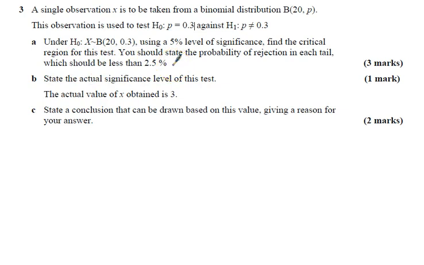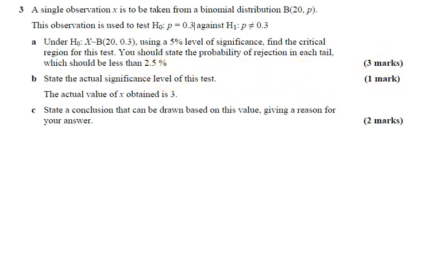So this is doing it differently, which is annoying because it's from the same publishers. But this time they are saying we're going to have it as a cutoff, not go for the one that's nearest. So n is 20, probability is 0.3, and we're looking for probabilities less than 2.5%.